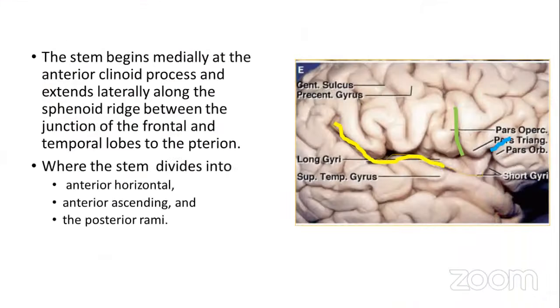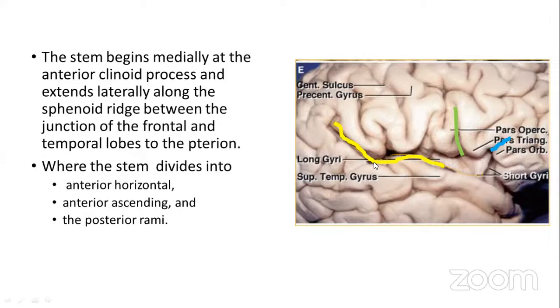So it starts medially from the anterior clinoid process, and laterally it is extending up to the sphenoid ridge between the junction of frontal and temporal lobes to the pterion. So the stem starts from the anterior clinoid process and goes laterally till the point of pterion.